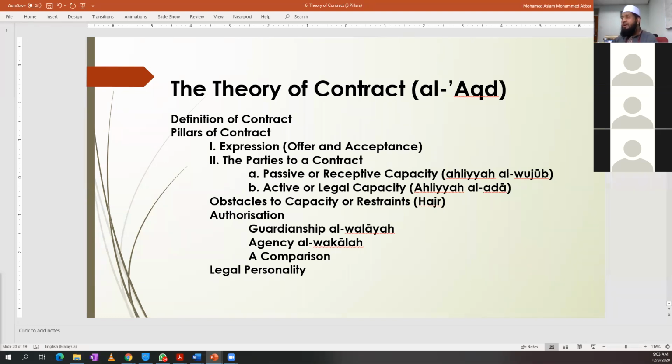There are strong governments, there are weak governments, there are strong countries, there are weak countries. Similar to strong person, weak person, rich person, poor person. Same thing goes to rich country, poor country. So we don't want any injustice to happen. That's what actually the maqasid of Sharia, the objective of Sharia.